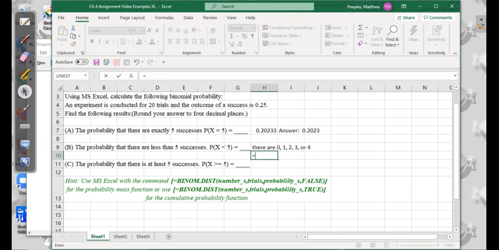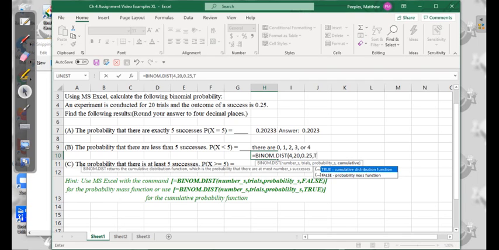We're going to put in our binomial distribution probability function right here. We say that we're going to go up to as many as 4 successes because we want less than 5 in this case. The number of trials again is 20, and the probability of getting success in any one trial is 0.25. This time we're going to choose true because we do want the cumulative distribution function.